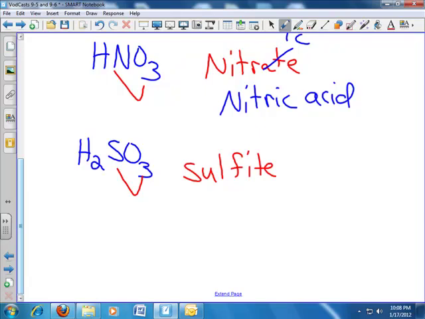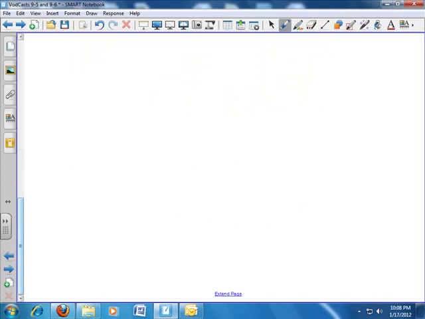Well, now I'm back to that ITE ending, and remember, ITE endings become OUS. So this is sulfurous acid. And this pretty much is the naming system of acids.